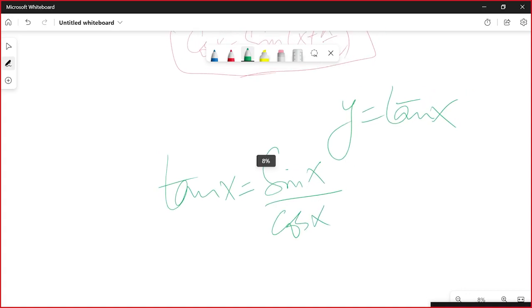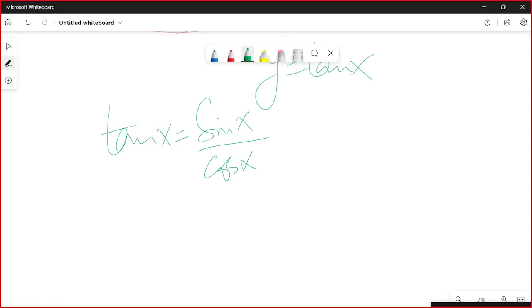Instead of referring to it, I will make some small graphs of sine x and cos x. I say this is +1, this is -1. This is sine x, y is equal to sine x. And we know this is pi over 2. I remain in radians.